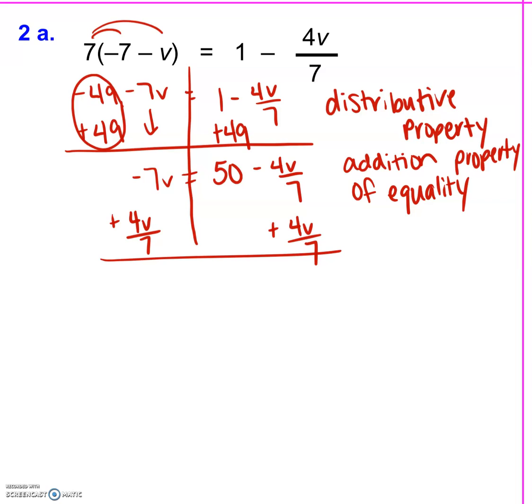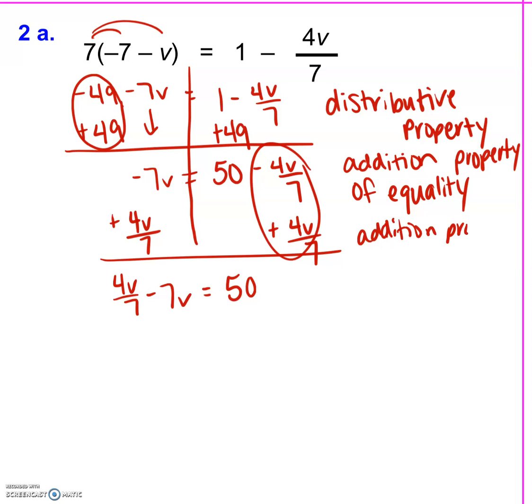I'm not going to combine those together yet, although I could. I'm not going to just yet. Negative 4v over 7 plus 4v over 7 would be 0. And again, you can see I added 4v over 7. So again, I use the addition property of equality.